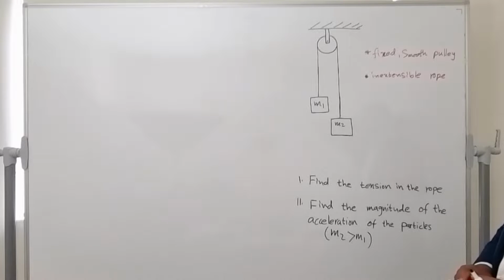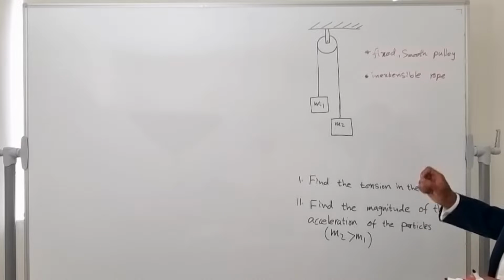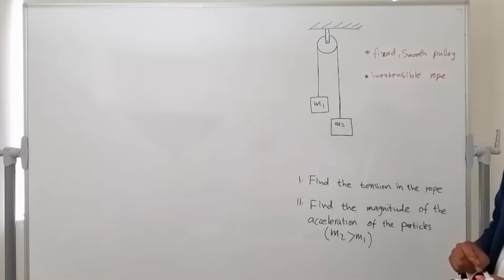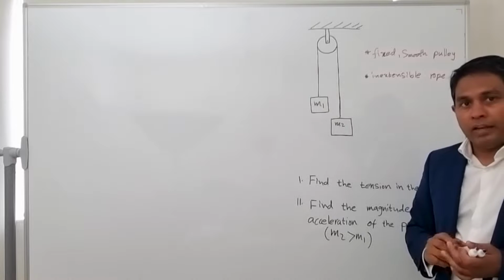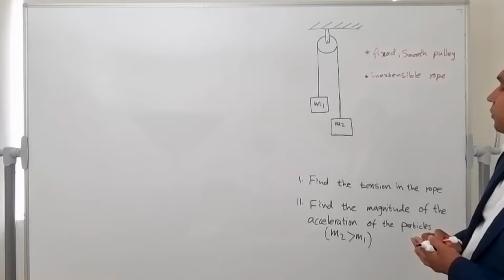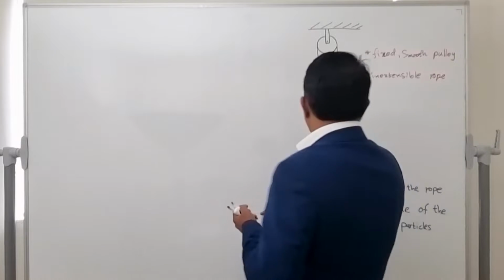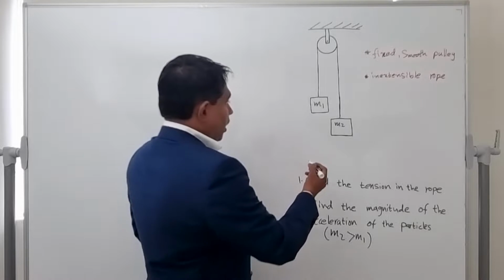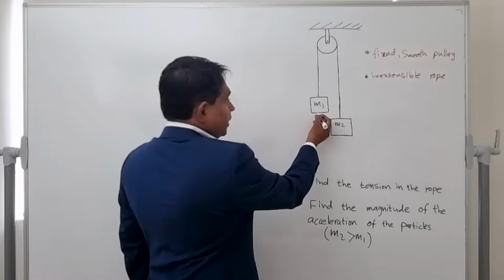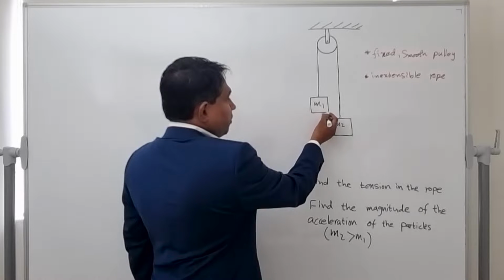Now before we study this motion, we need to complete the force diagram. Okay, so let's see how we can complete the force diagram. Here we can put the weight of this particle.